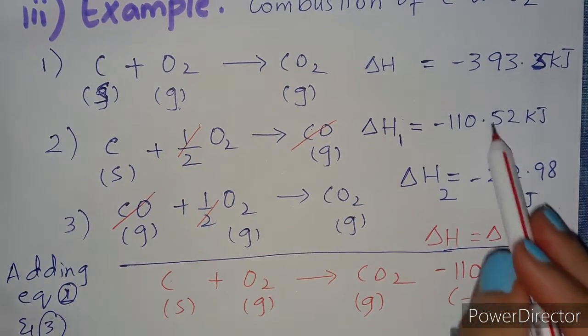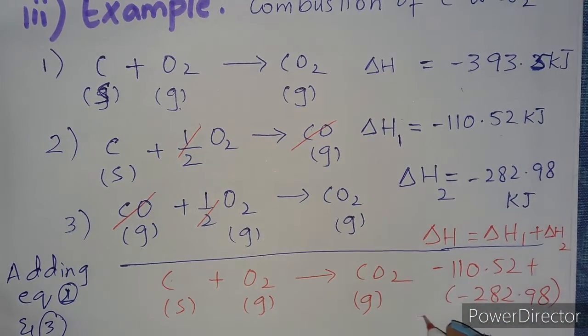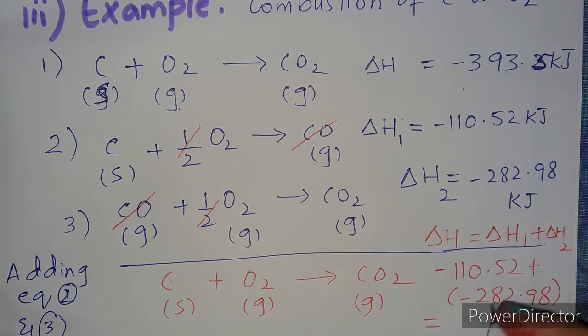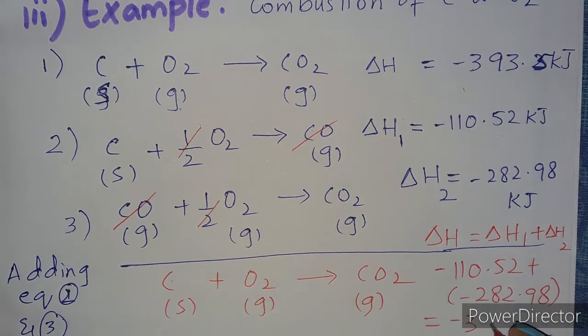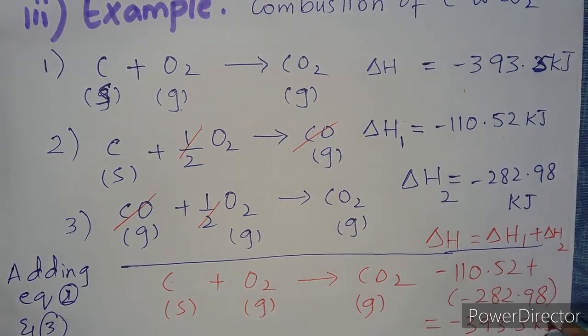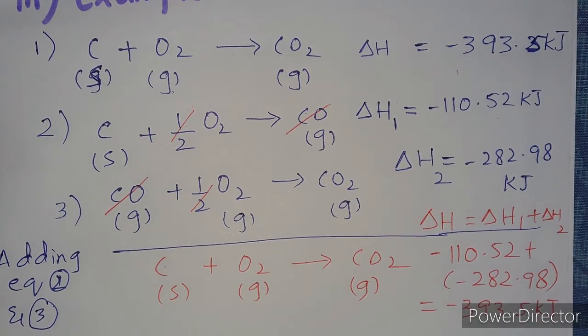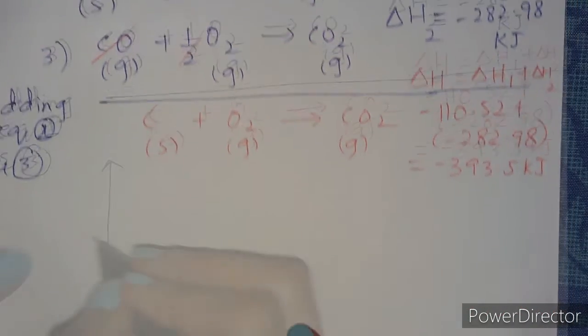We add both of these to get this result, and by adding them we get minus 393.5 kilojoule as the answer. So in this way you can write the example, or you can show the diagram as well.